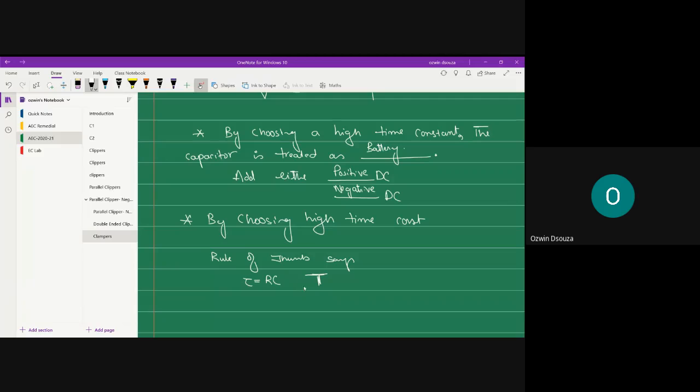Ten times RC should be very much greater compared to capital T. This 10 times RC refers to tau.